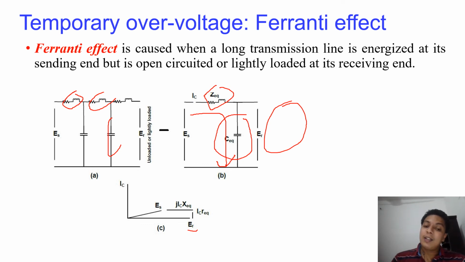So your sending end voltage will be lesser as shown in this phasor diagram, and your receiving end voltage will be higher. Again, you will learn more about this in your PGTP, so I am avoiding all the discussion here.